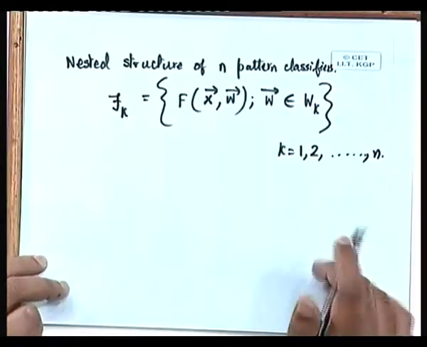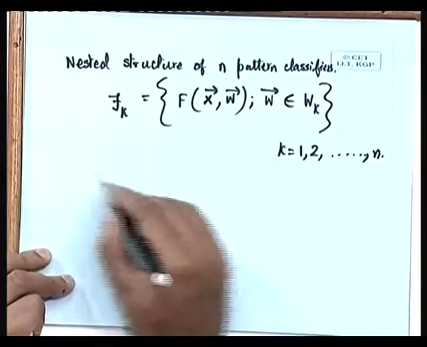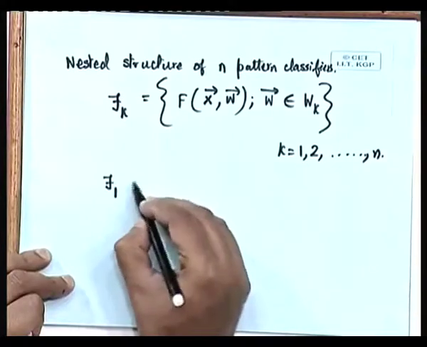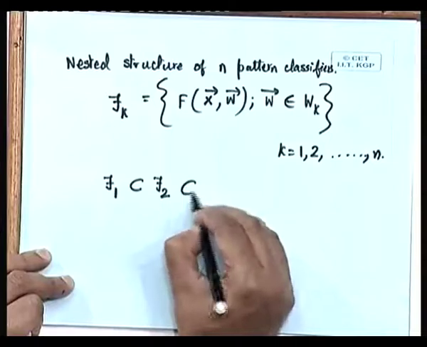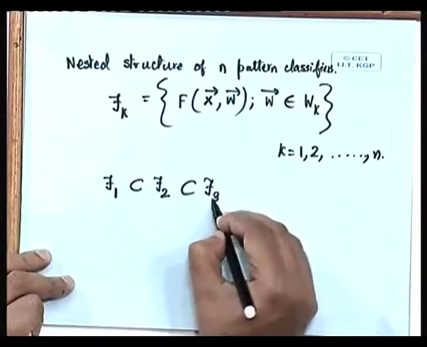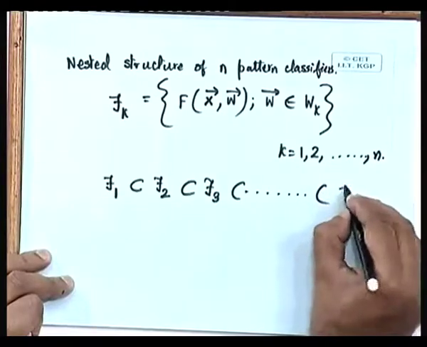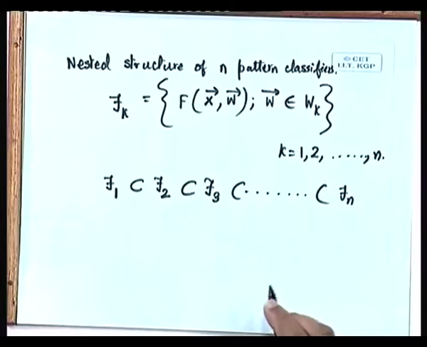Right, okay. And how do we define the nesting? The nesting is done such that F1 is contained in F2, that is contained in F3, and so on, and the last class is Fn, which includes everything.